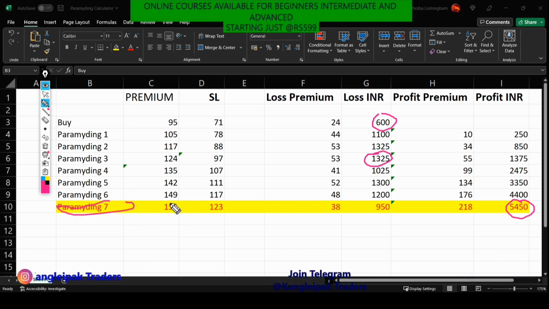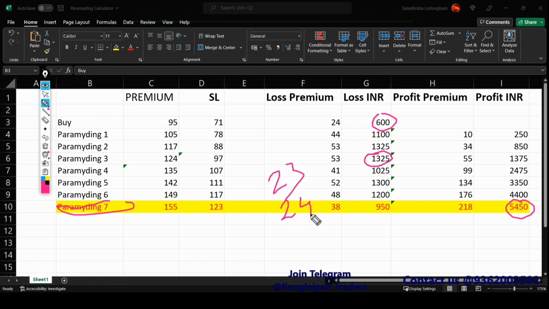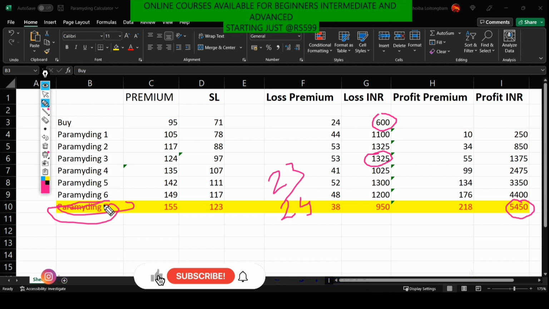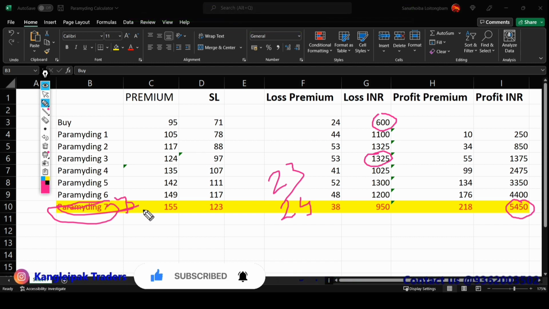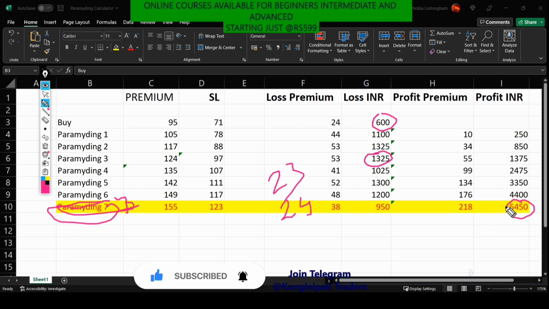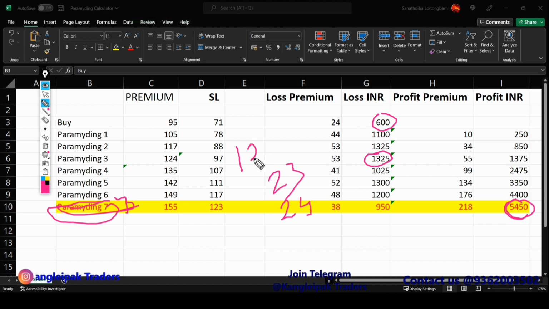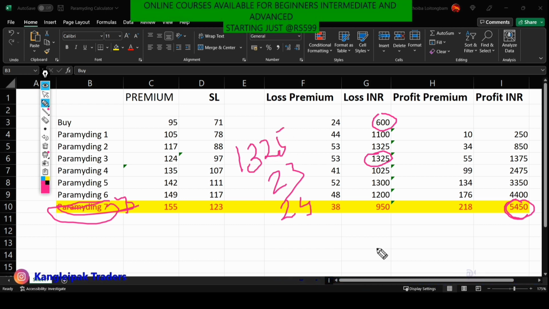It can reach like pyramiding 23 or 24. My only target is pyramiding 7. Sometimes I'll go till pyramiding 13, 14, but my first target is this. So by risking 1325, you are going to earn 5450.